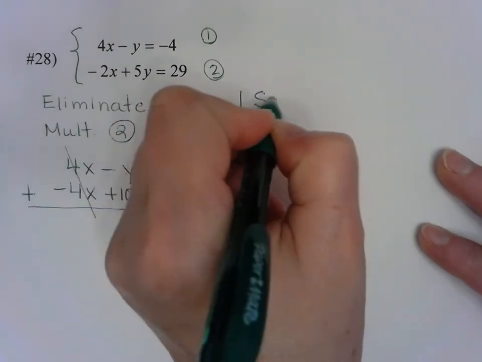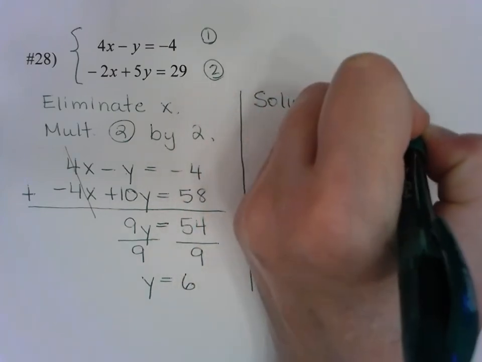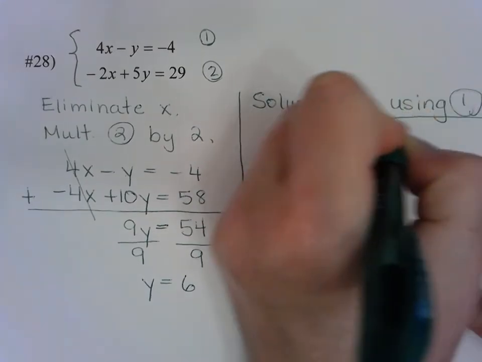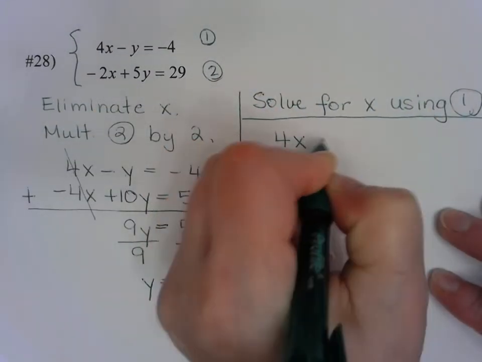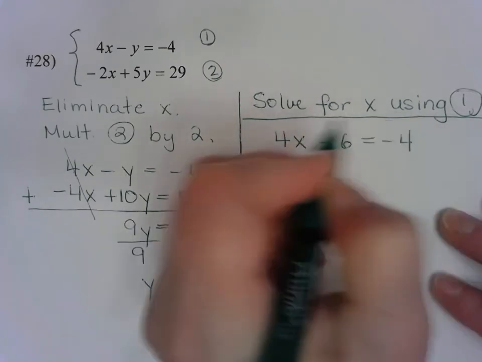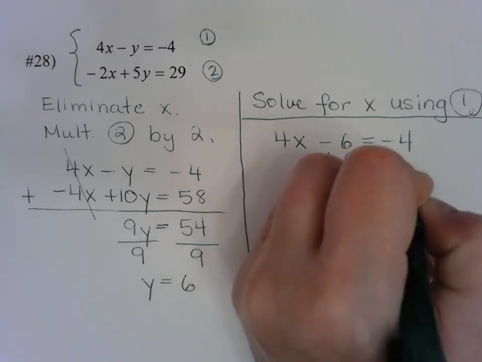So I'm going to solve for x using equation number 1, not for any good reason. I just have to pick one. So I'll have 4x minus 6 equals negative 4. And I want to know what x is, so I'm going to solve.